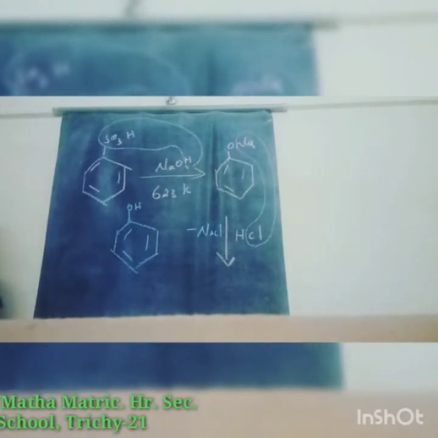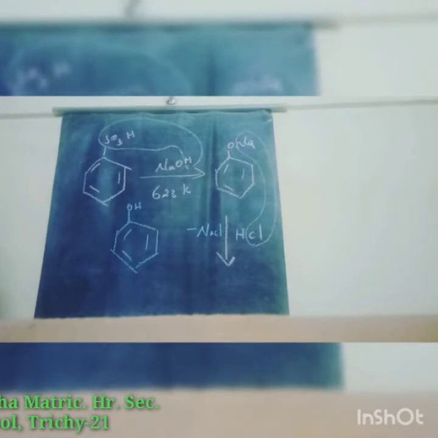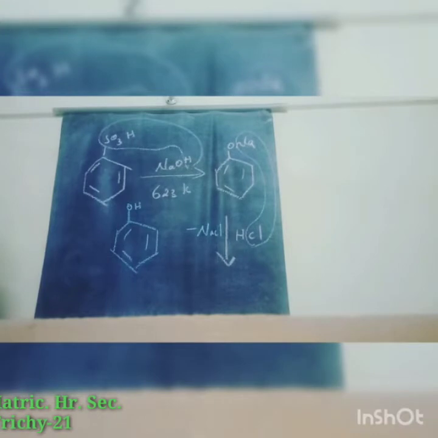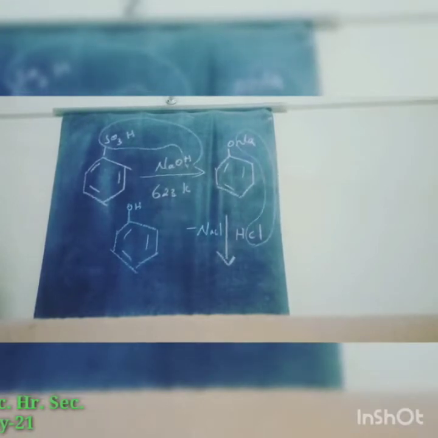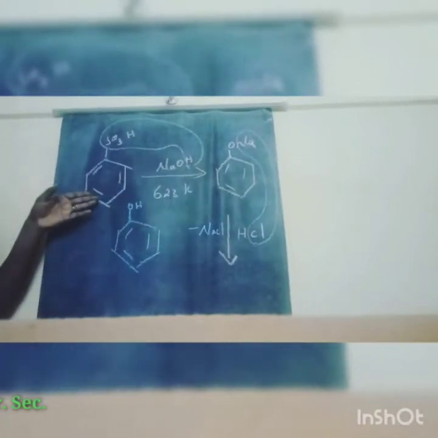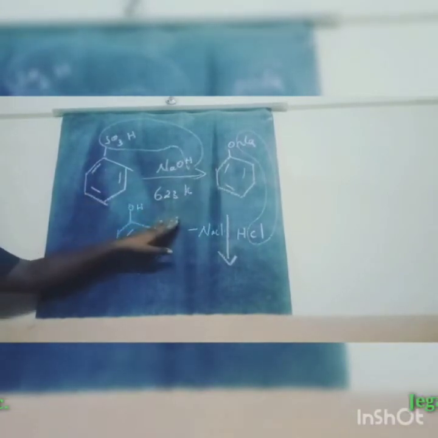So first, benzene is sulfonated with oleum and the benzene sulfonic acid so formed is heated with molten sodium hydroxide at 623 Kelvin, gives sodium phenoxide, which on acidification gives phenol. So first, benzene sulfonic acid is taken and next is molten sodium hydroxide at 623 Kelvin.